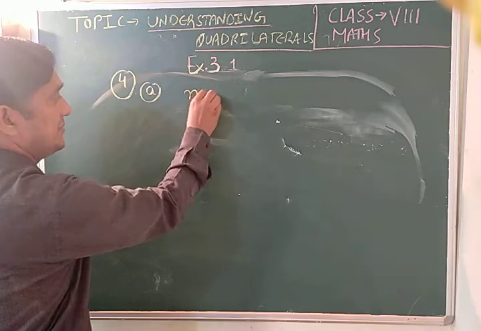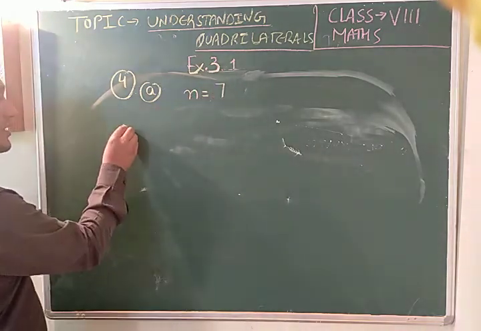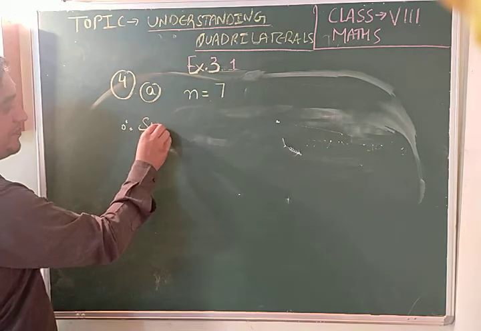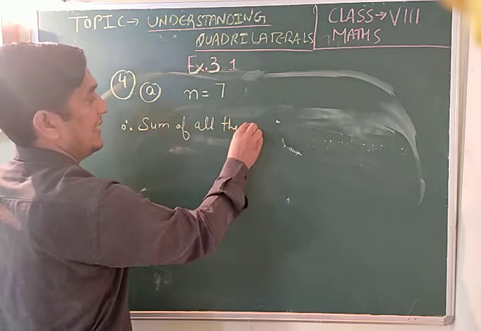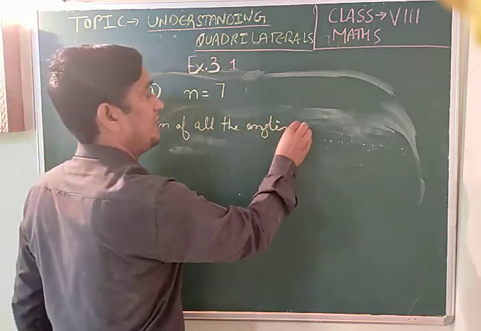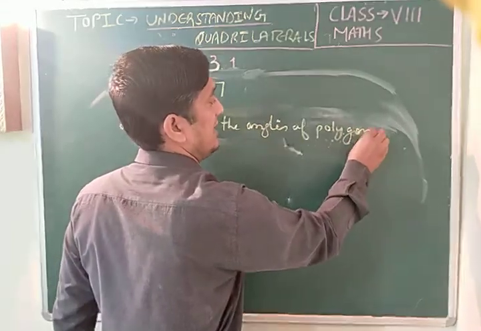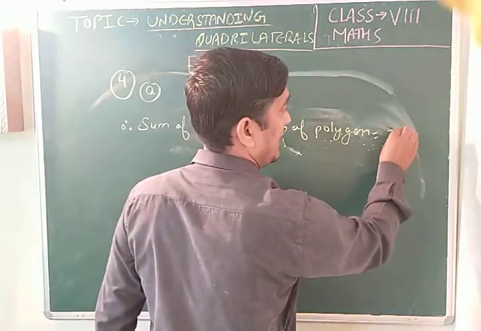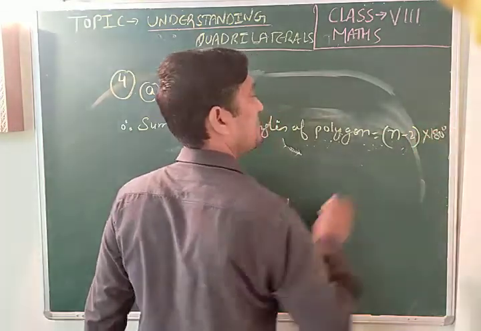The number of sides is 7. Therefore, the sum of all the angles of a polygon having 7 sides is equal to, we know the formula, n minus 2 into 180 degrees.